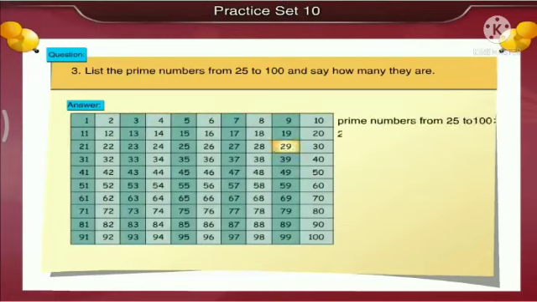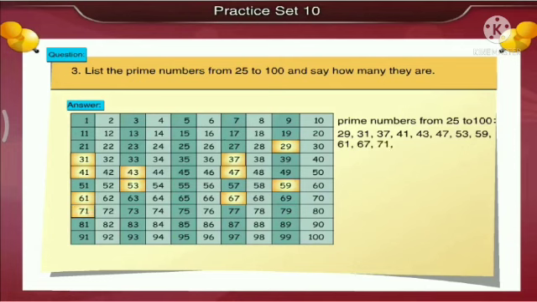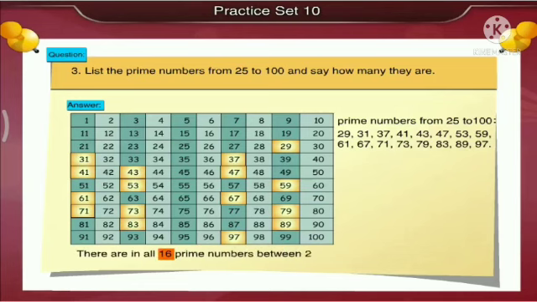So your prime numbers from 25 to 100 are 29, 31, 37, then 41, 43, then 47, 53, 59, 61, then 67, 71, 73, 79, then 83, 89, 97. So there are in all 16 prime numbers.